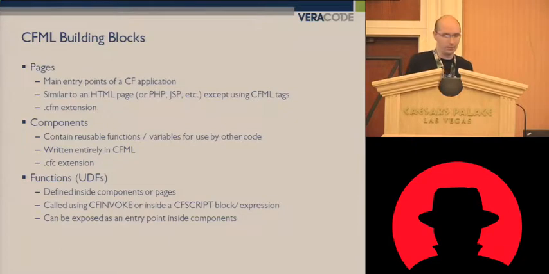Functions, AKA UDFs, user-defined functions, are traditional functions. You can call them remotely. One interesting thing about functions is that as of, I don't know when it started, I think it was around CF6 or CF7, functions allow the ability to be called externally if there's an access modifier you specify in the CF function tag.